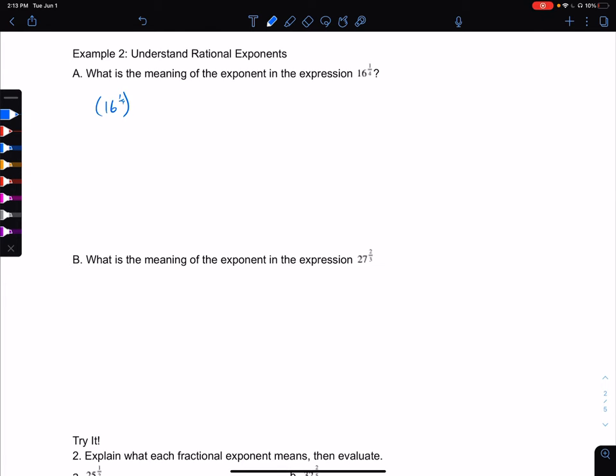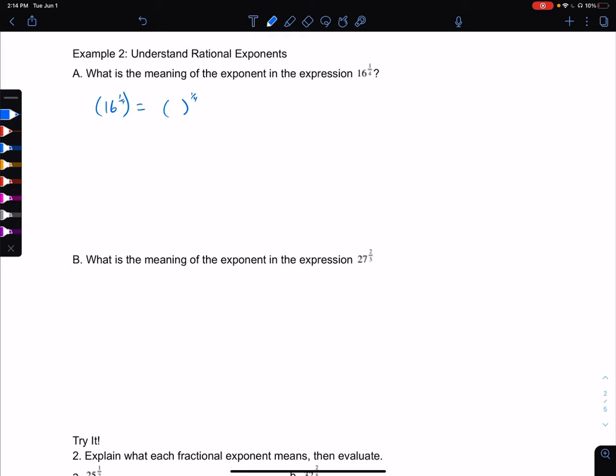I'm going to rewrite this in a couple of different ways and break it down so we can understand what's going on and create a rule that we can follow moving forward with these types of problems. So I can look at this as something to the 1/4 power. 16 I can rewrite in various different ways: 8 times 2, 16 times 1, 4 times 4.